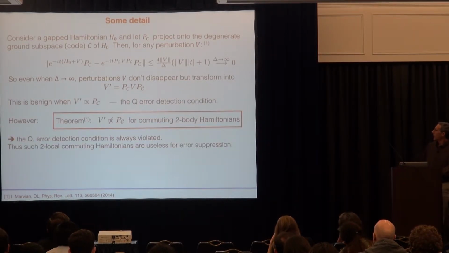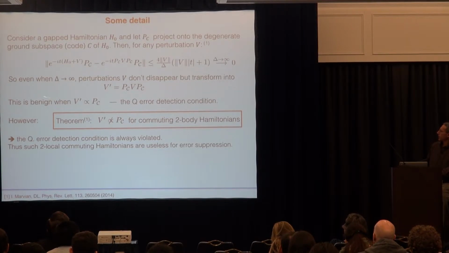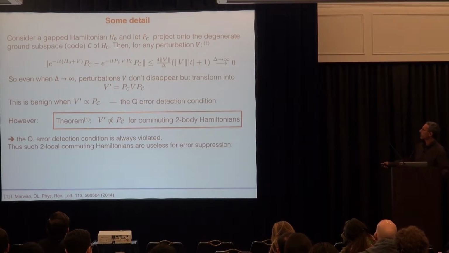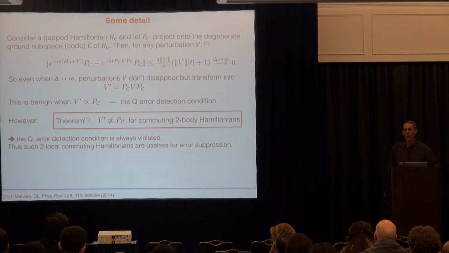Now, if this is the effective evolution, that's okay if the quantum error detection condition is satisfied, because the quantum error detection condition assumes that this is proportional to the ground state projection. So in that case, we're just staying in the ground subspace of this Hamiltonian H naught. But the no-go theorem says that that can't happen for two-local commuting Hamiltonians.